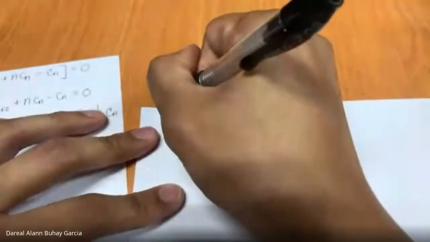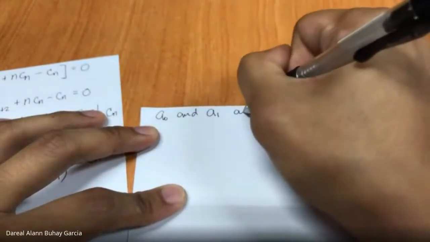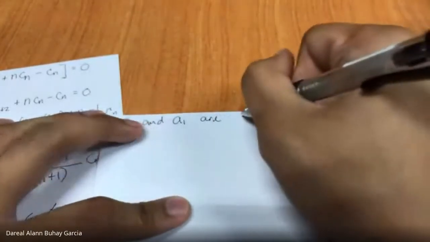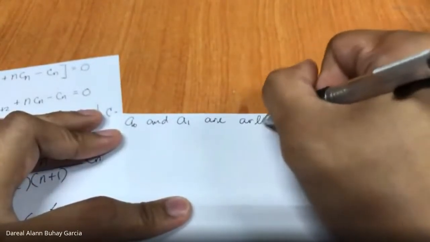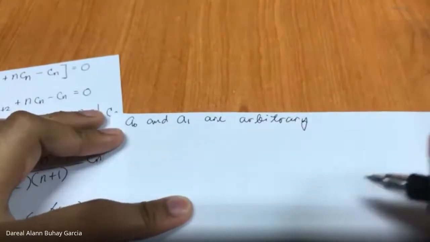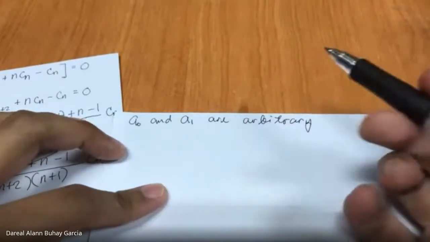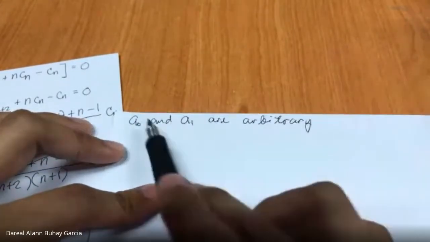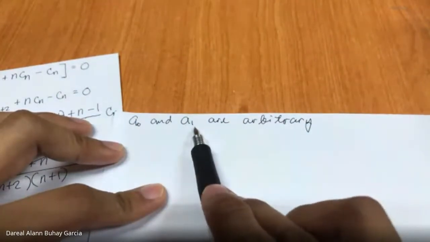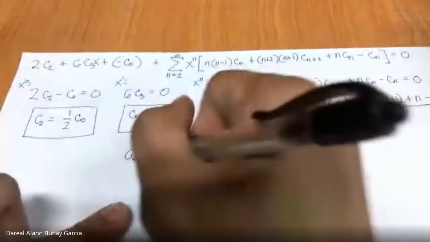So, atong na-iset daan si a sub 0 and a sub 1 are arbitrary. Meaning they could not be obtained unless not the initial value conditions. And atong final answer could be in terms of a sub 0 and a sub 1. Okay? So, set natin daan as a sub 0 and a sub 1 arbitrary.